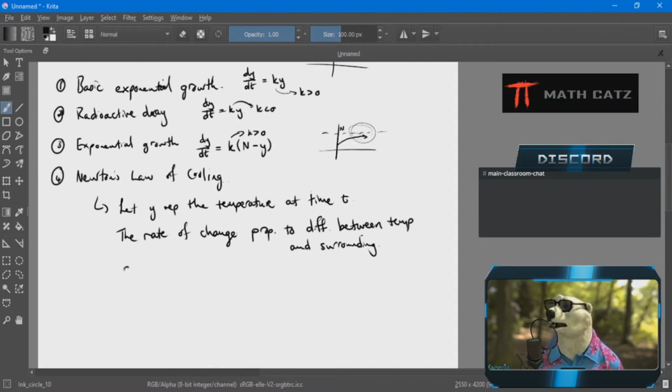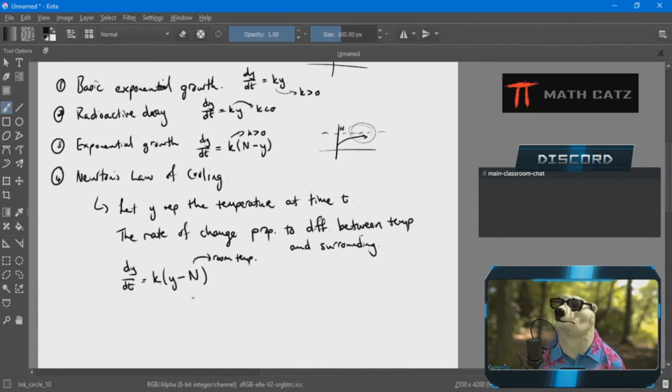So again, I have a similar differential equation. There's my proportionality constant. There's the difference between the temperature and the room temperature. So in the case of a hot cup of coffee, this is often room temperature or a temperature that is known beforehand.